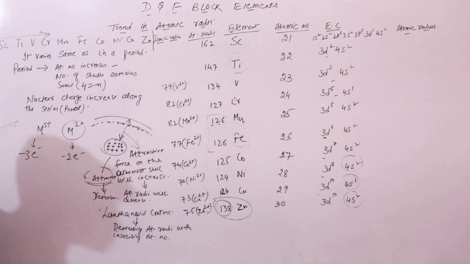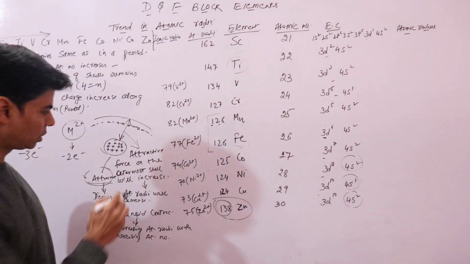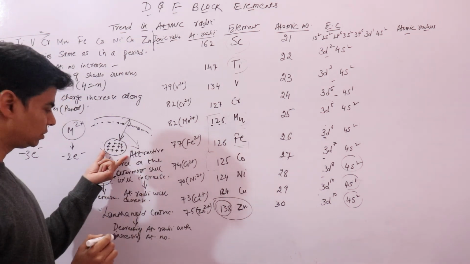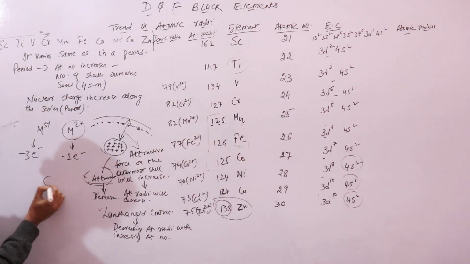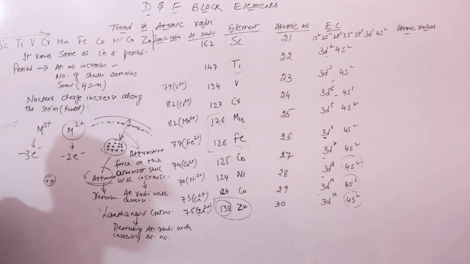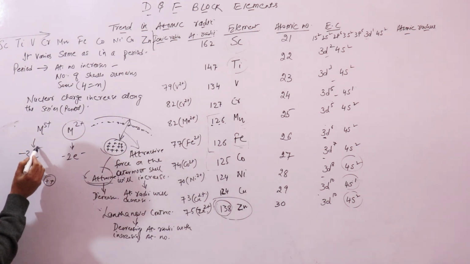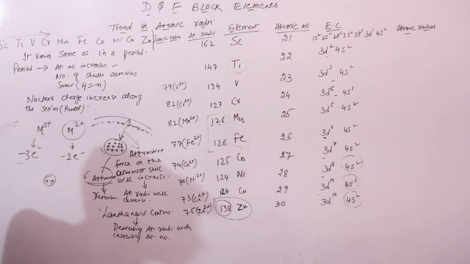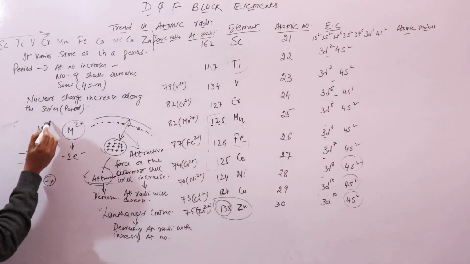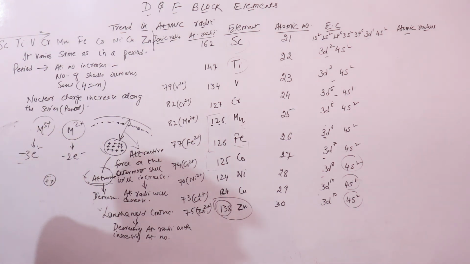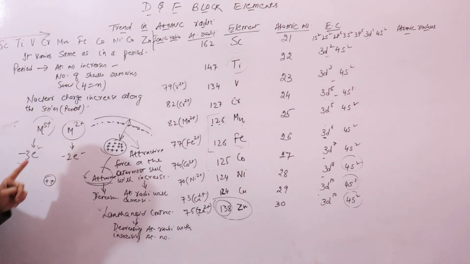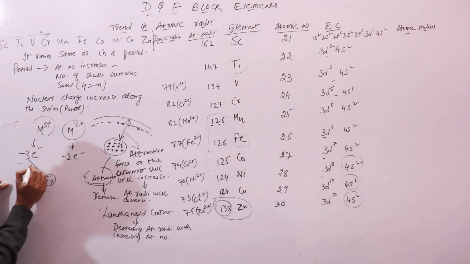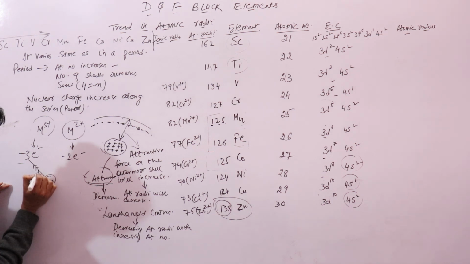And your nuclear charge, that is the charge due to the nucleus, will remain the same, right? Now when you have removed more electrons, you reach the M3+ oxidation state, where the force would be more.